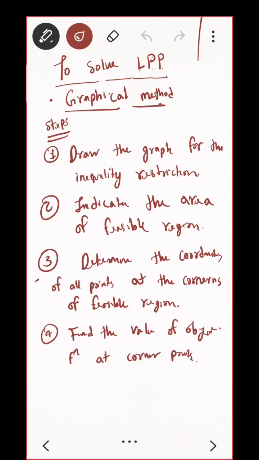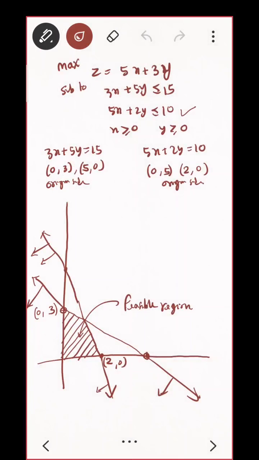What is step 3 then? Determine the coordinates of all the corner points. Do you see? One is this corner point, one is this point, and one is this, and one is this. 3 points we are already aware of: 0, 0, 0, 3, 2, 0.